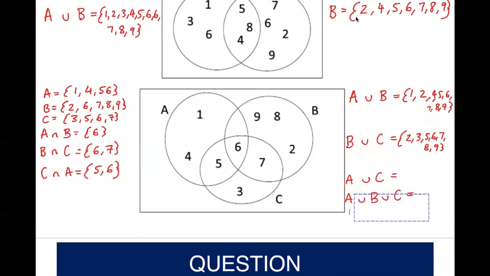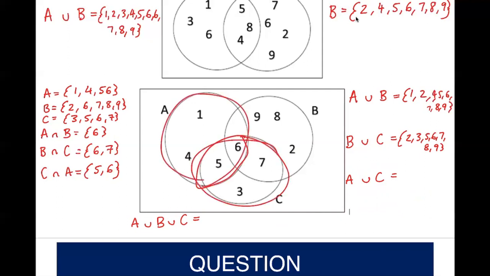A union C, I'm just going to move this one down here because it's going to be the longest one. Anything that's in A or C. Let's go down here. 1, 3, 4, 5, 6, and 7.